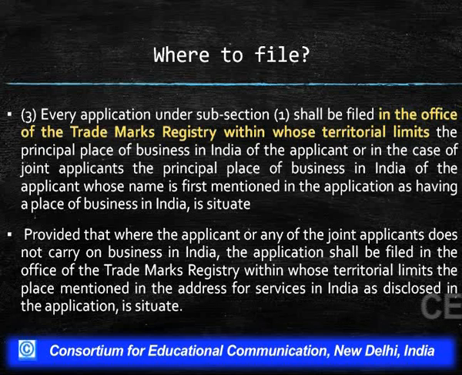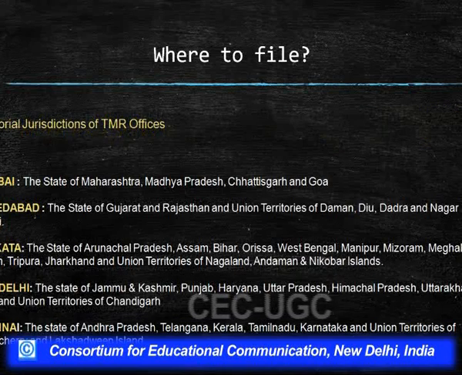Then the application shall be filed in the office of the trademark registry within whose territorial limits the place mentioned in the address for service in India is disclosed in the application. So any place which they have made their place of service, where their office is situated in India, in that jurisdiction their application will lie.